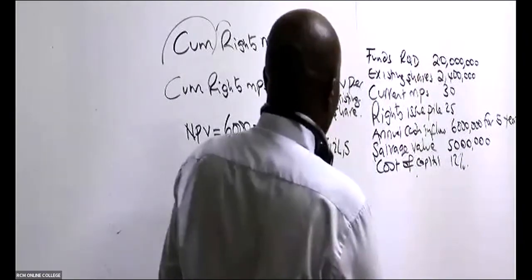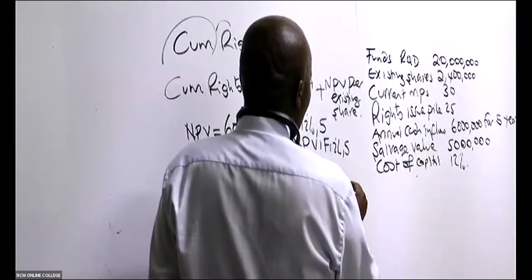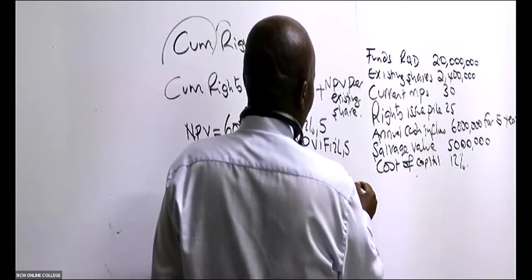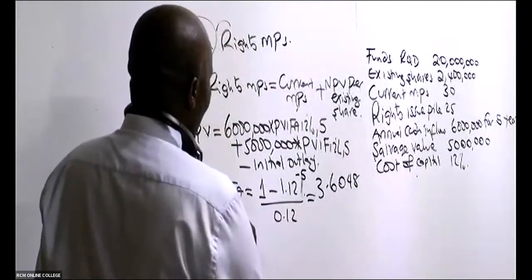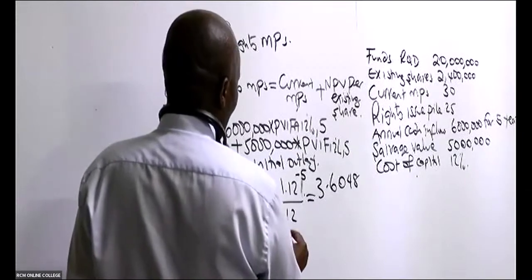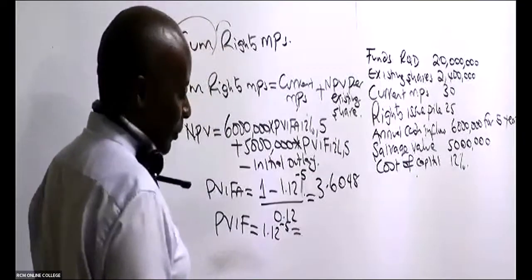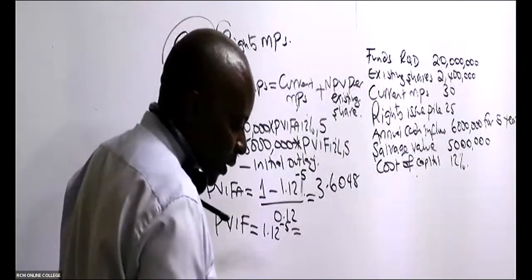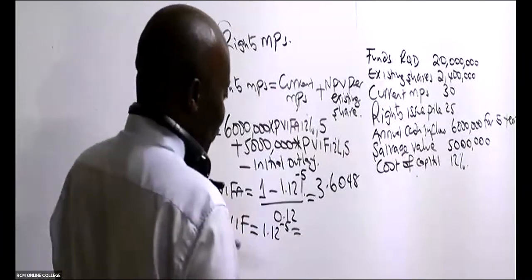So somebody is giving me a figure of 3.6048, 4 decimal places, right? How about PV? It will be 1.12 raised to -5, if you remember the formula: 1 plus R raised to -n.